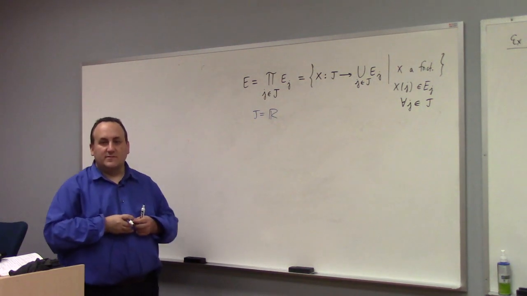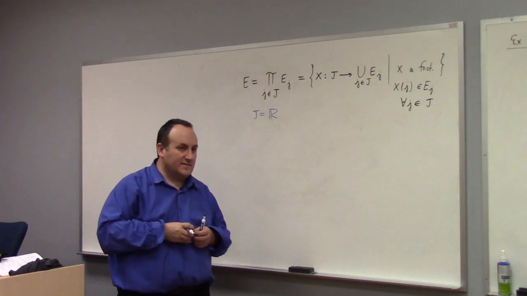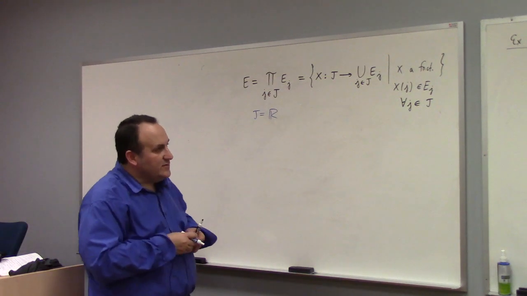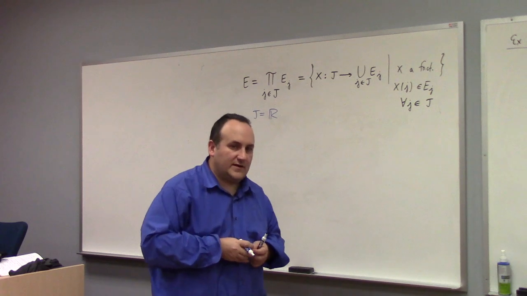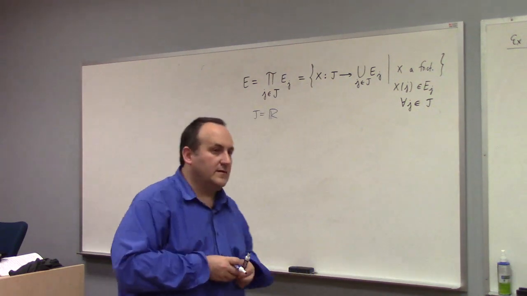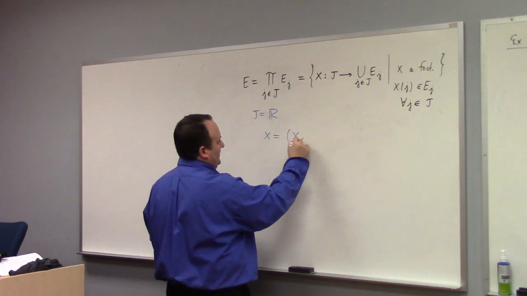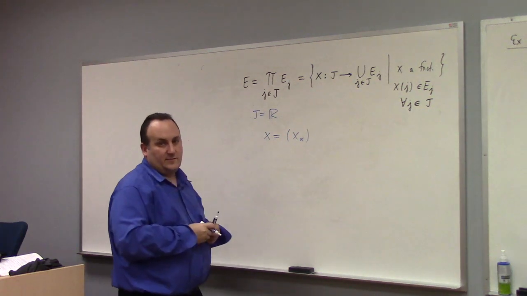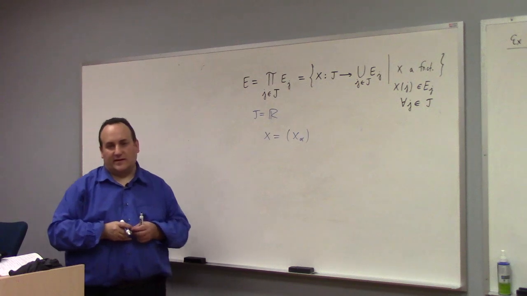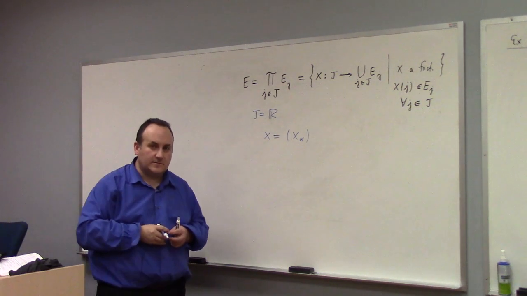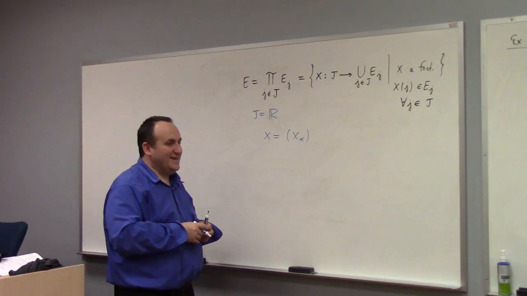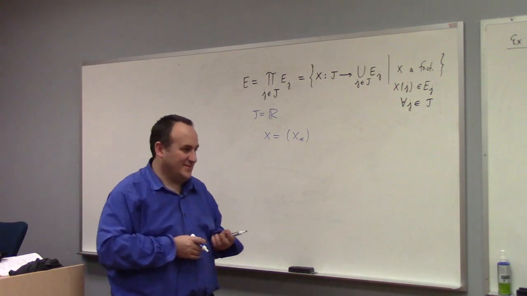And then the usual notation for Cartesian product starts to fail you. You start having to do things like x equals x of alpha, where alpha is a real parameter. That's the kind of notation you'd use, because if it's a real, there's too many to list.